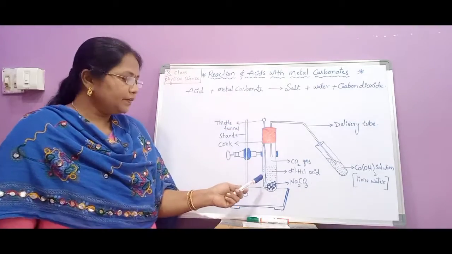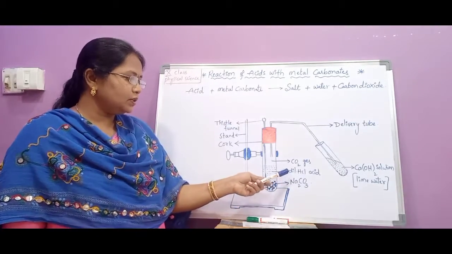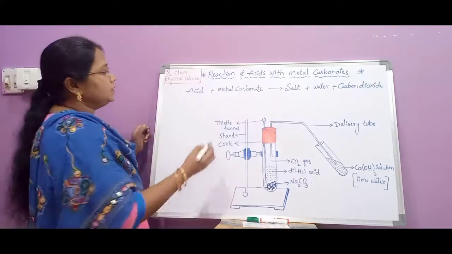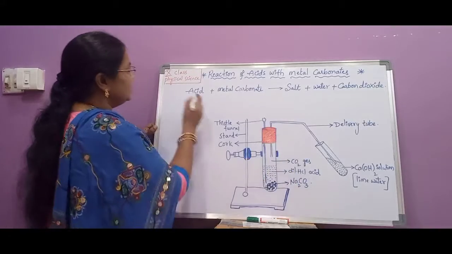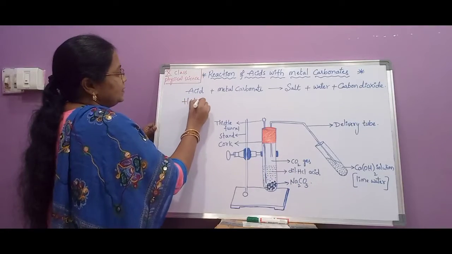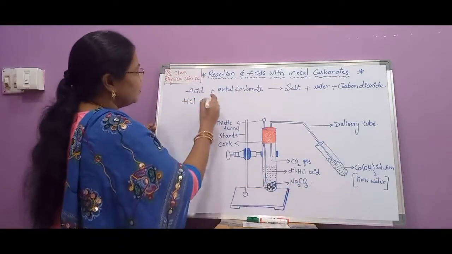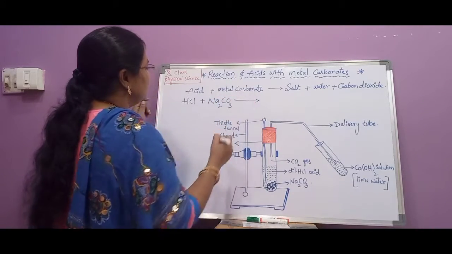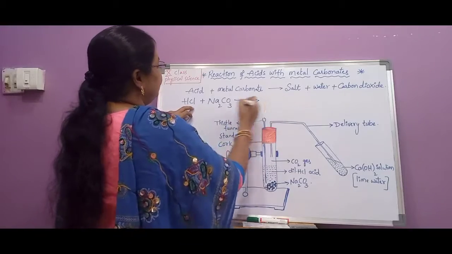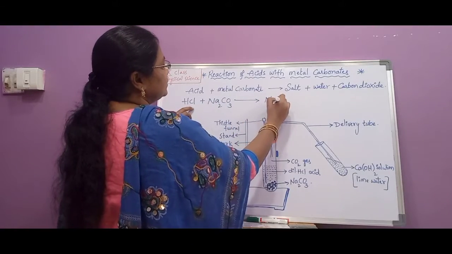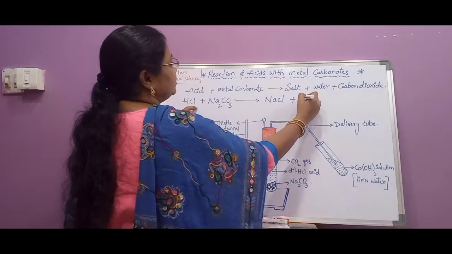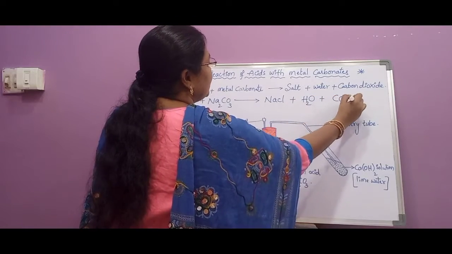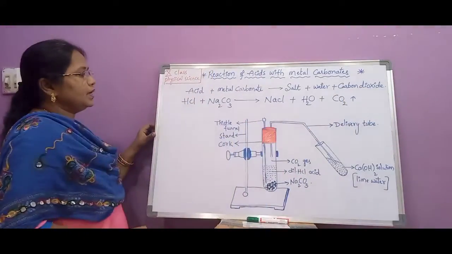So when we close this test tube with the rubber cork and add dilute HCl to sodium carbonate, a chemical reaction takes place between dilute hydrochloric acid and sodium carbonate, and we are going to get the products. The acid we have taken is HCl. The metal carbonate we have taken is sodium carbonate, that is Na2CO3, which gives rise to the salt NaCl, water, that is H2O, and carbon dioxide gas, CO2.